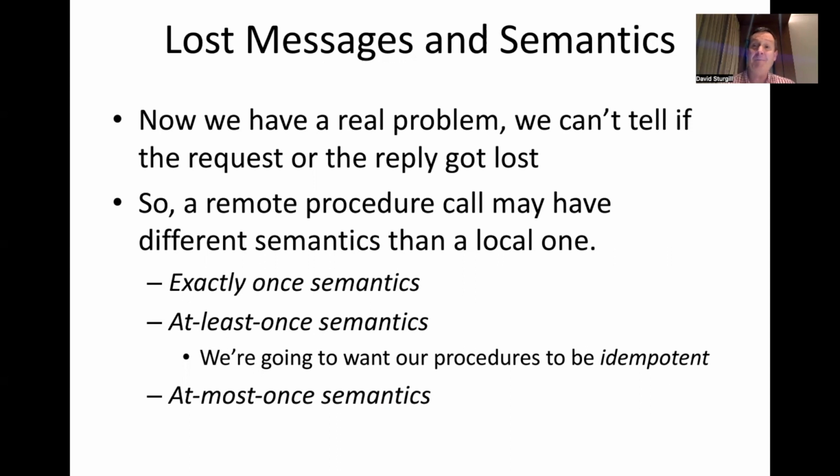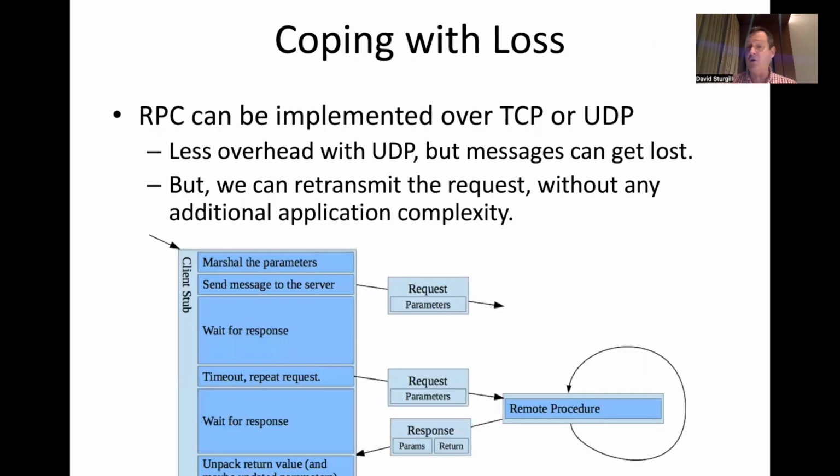And until today, we probably haven't had to worry about other types of semantics. But what we just talked about, we'd probably describe as at least once semantics. Backing up a slide, if you call a subroutine and internally, it might actually get called a couple of times because of loss of a request or loss of a response.